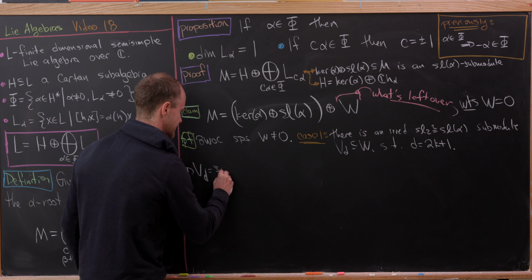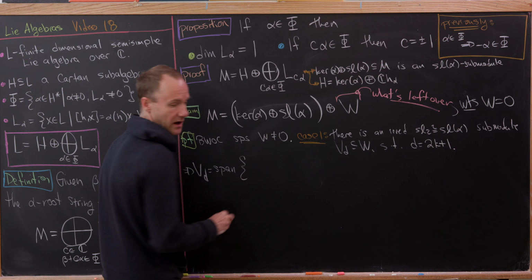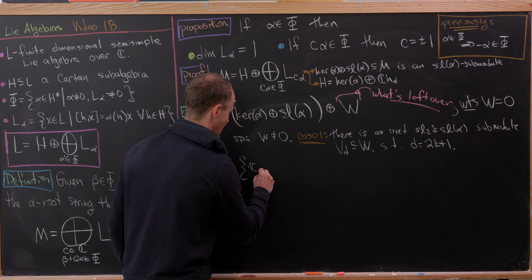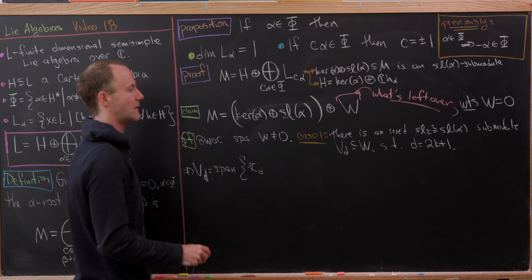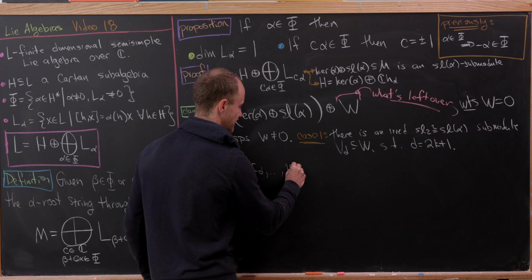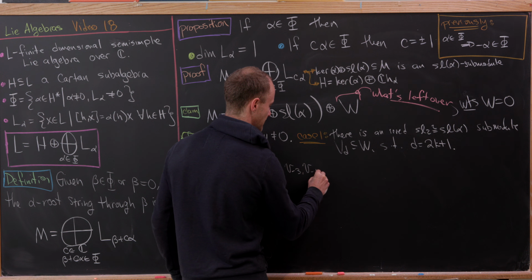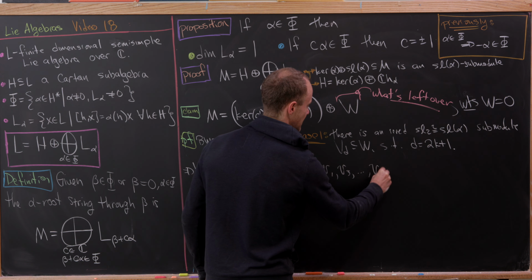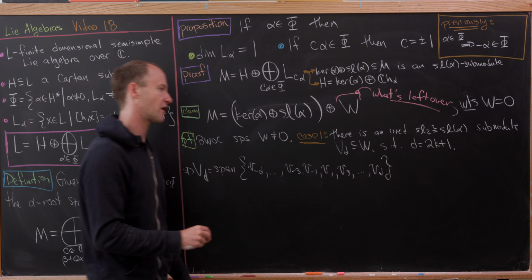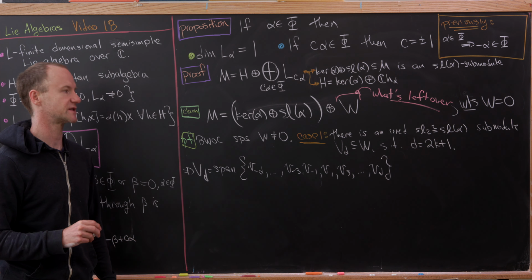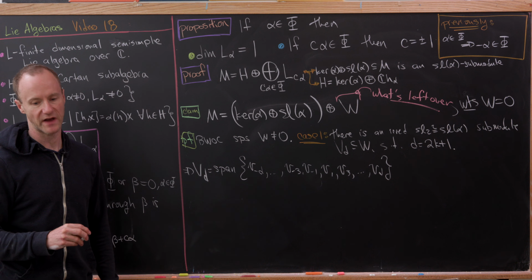We're going to write this as the span of V minus D, which is really minus 2k minus 1, and then all the way up to V minus 3, V minus 1, V1, V3, all the way up to VD. If you count carefully, that has 2k plus 2 total vectors.